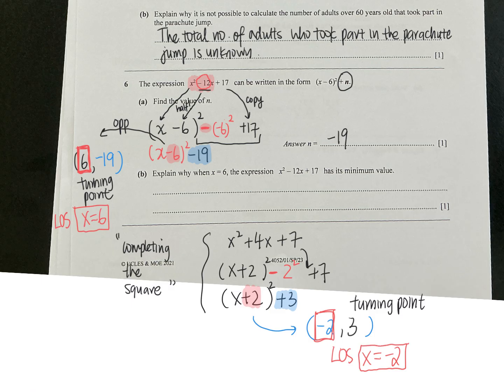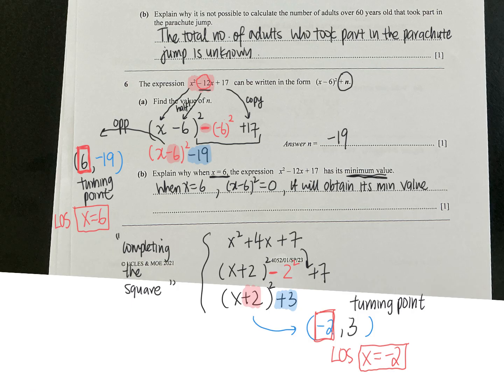Okay, so this one must know. Okay, then they ask you, why is it that when x is equal to 6, it will get its minimum value? Because when x is 6, this bracket square becomes 0. When this bracket square becomes 0, okay, it will obtain its minimum value.